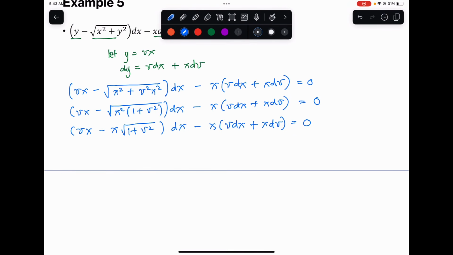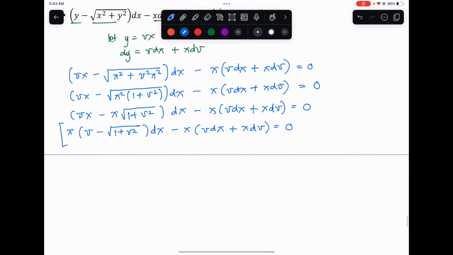Again, do not distribute unless you are able to cancel out. So we can factor out x: x times v minus the square root of 1 plus v squared, dx, minus x times v dx plus x dv equals 0.